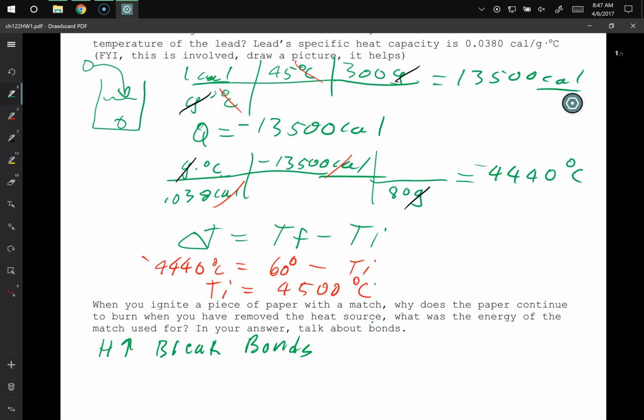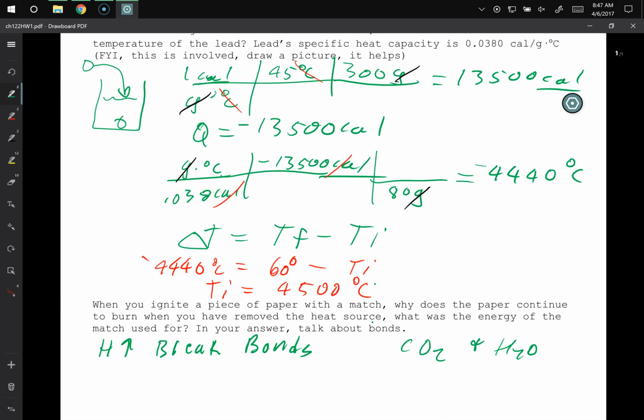So when the bonds reform, when all of a sudden I start making my CO2, and what's the other part of this? CO2 and what do you get out of respiration? Water. So when you burn the glucose, you initially have to break those bonds, and that's the glucose and the oxygen bonds need to be broken.